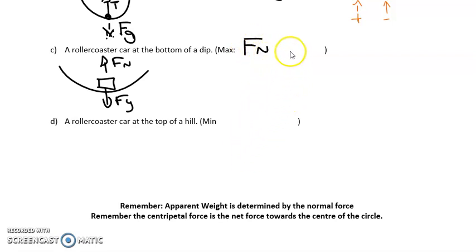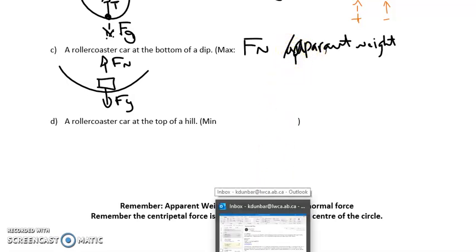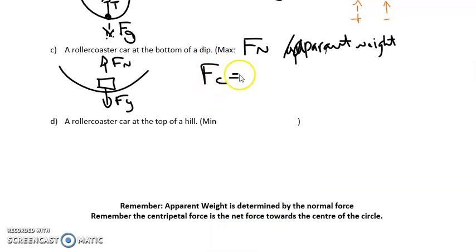This is also known as apparent weight. That's where you see the maximum apparent weight. In this case, the centripetal force is equal to that normal force minus the force of gravity.